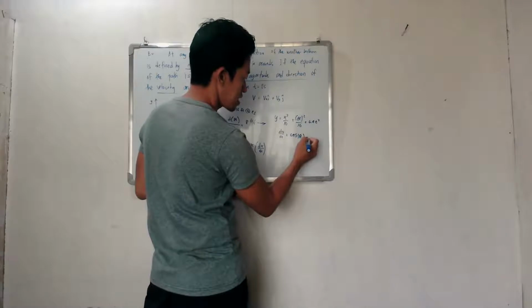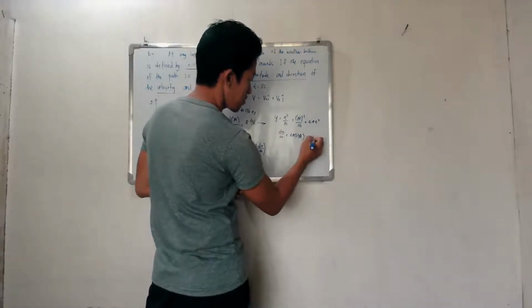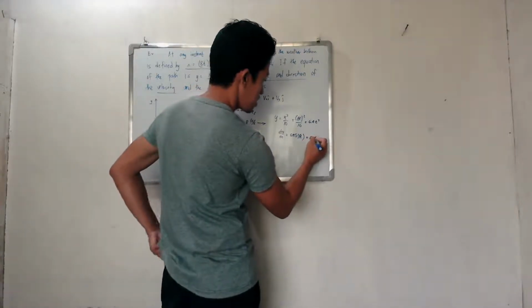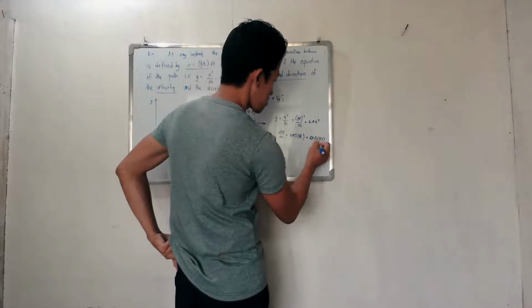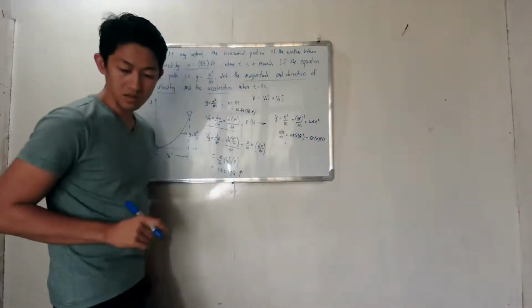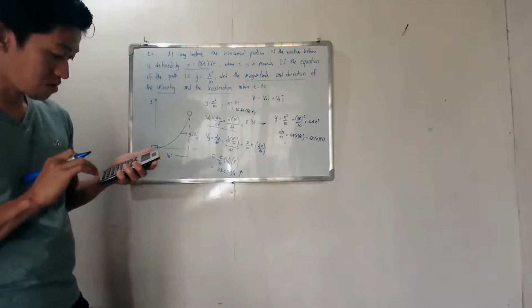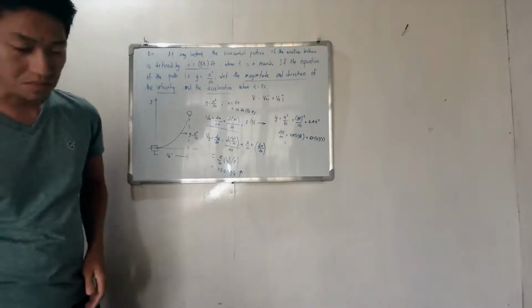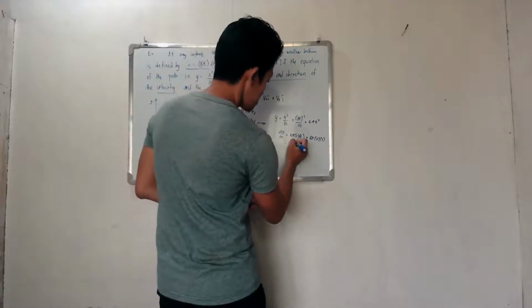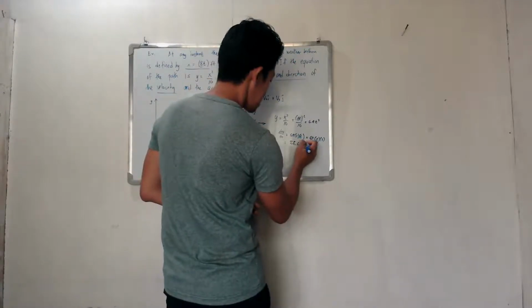At t = 2, that is 6.4 times 2 times 2, which is equal to 6.4 times 4, which is 25.6. Same answer.